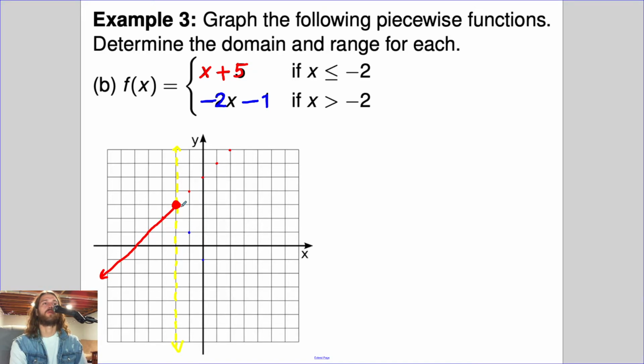So there's our slope of -2. Aha! So those meet up. Look at that. Now we can connect the dots here. Technically, that's an open circle, but it doesn't matter because they have the same value. Okay, cool. Let's do domain and range.